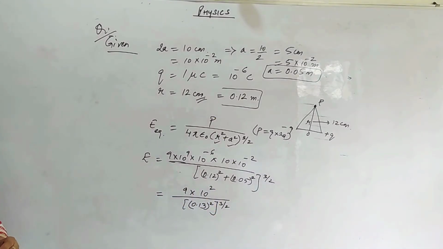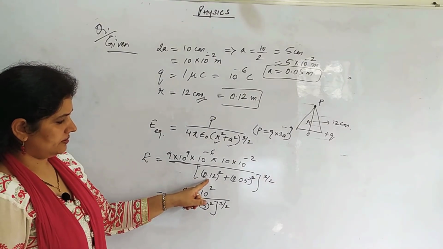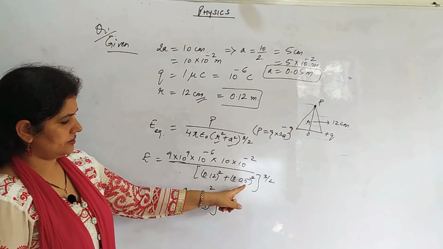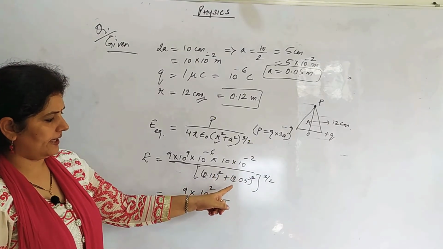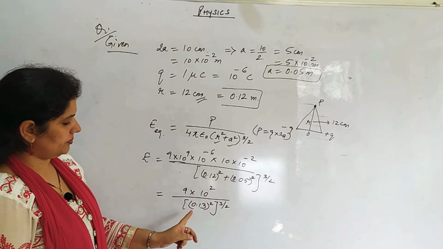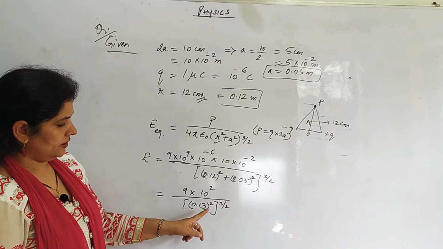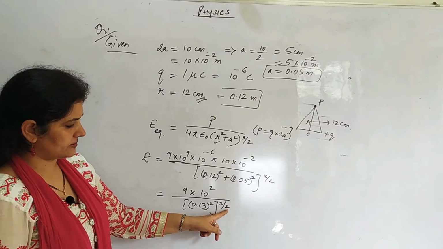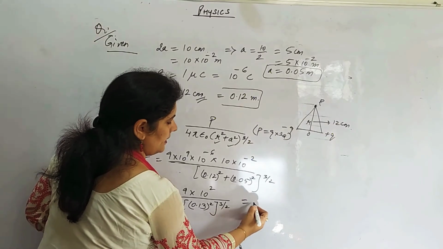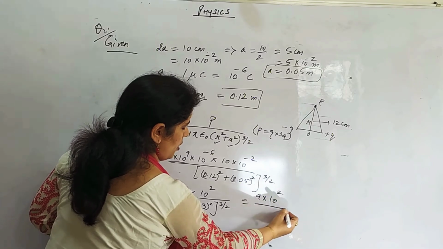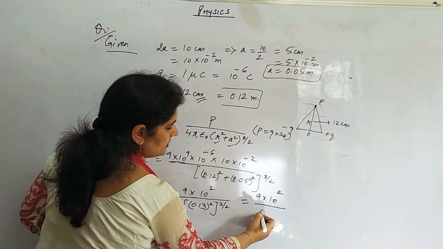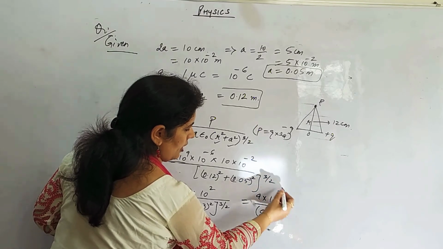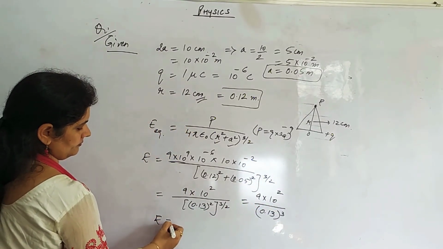Please check, are you getting this or not? This is 12 square, 144, this is 0.25, adding you will get 0.169, that could be written as 0.13 square. So this square could be cancelled out easily by this, right? So what remains? 9 into 10 raised to power 2 upon, the square gets cancelled, 0.13 raised to power 3. Now you have to solve this part. Tell me the answer.